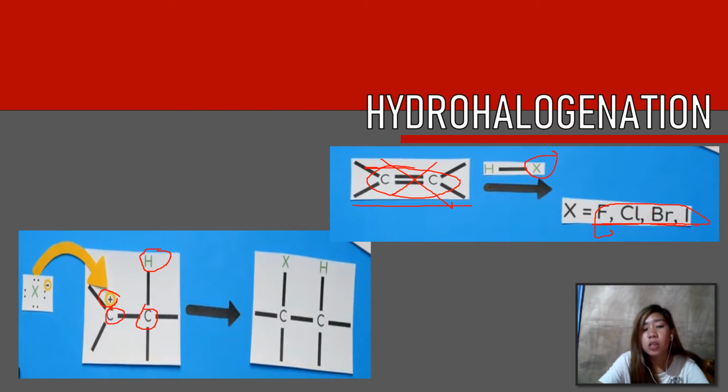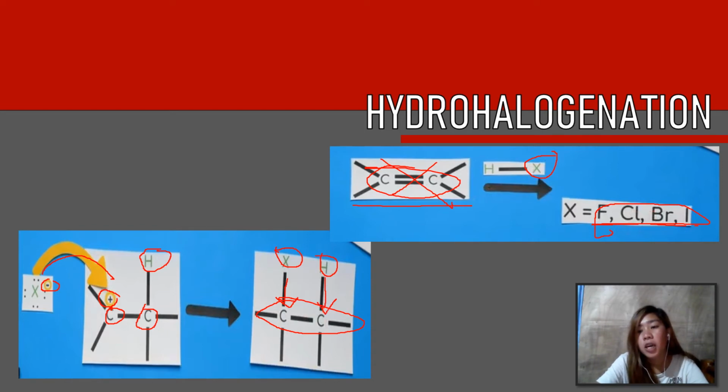This will attract the electron in the halide, in the halogen, and this will result in this compound. We have the halide here connected to the carbon here, and the hydrogen atom connected to the carbon here.